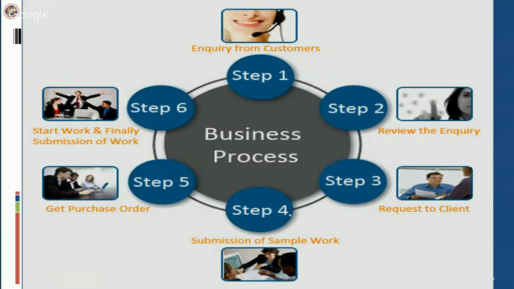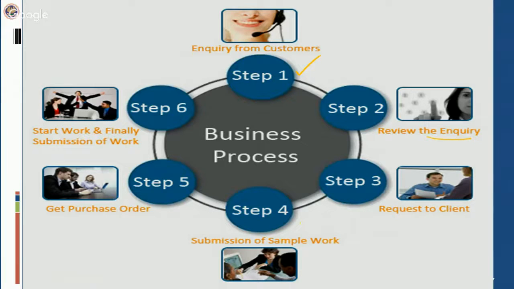For example, herein we see that there is an inquiry from the customers, the very first step. The inquiry is initiated by a customer. The inquiry is reviewed by the company, and it is going to see how feasible that particular inquiry of the customer is. In step 3, request to client, the company will submit its summary of services and request the client to see and approve.